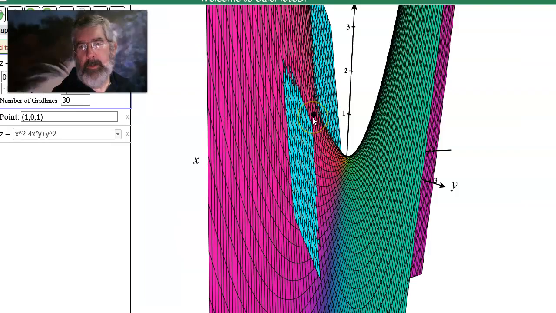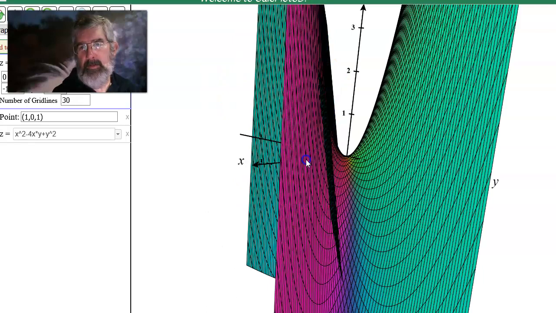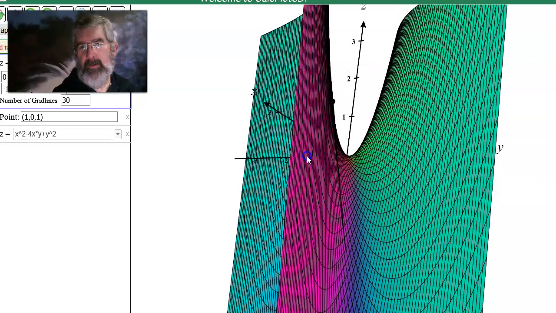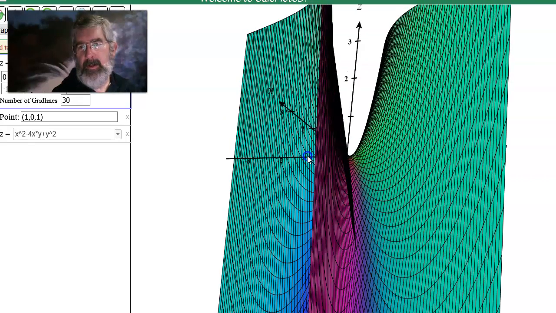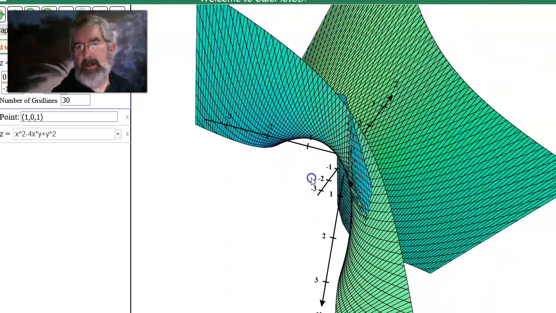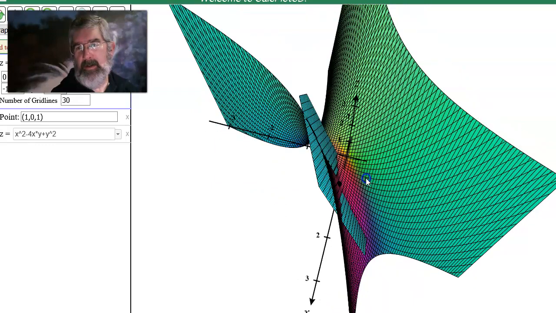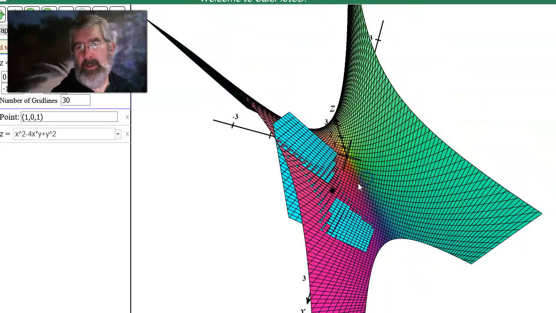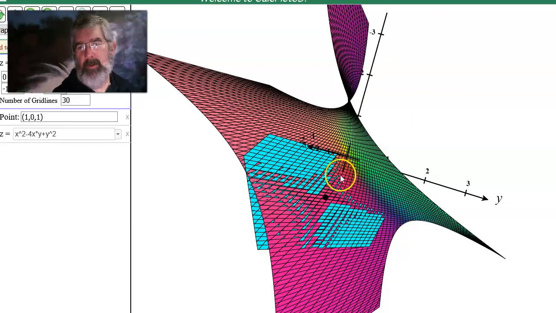There's the point I'm interested in, and you can see that blue tangent plane kind of cuts through the surface. It is tangent right at that point. Right? You can look at it there. You can see it on the back side cutting through here. And it does just barely touch. Again, the computer is having trouble figuring out which one's on top because they're so close together.